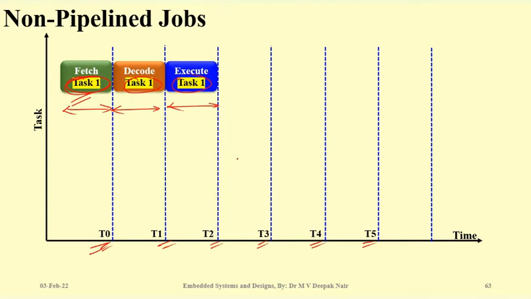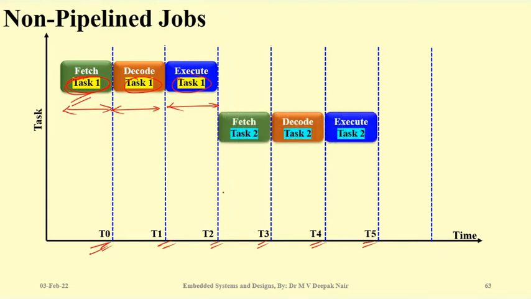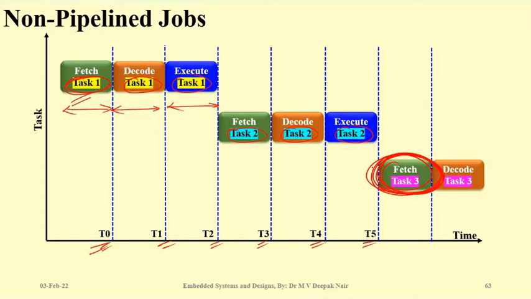Then after that, it will go for task 2, fetch, decode, execute. Then task 3. By the end of somewhere on task 5, you have only fetched task 3. It is a very inefficient way because you are wasting a lot of time to complete the different tasks. So this is a non-pipelined system.